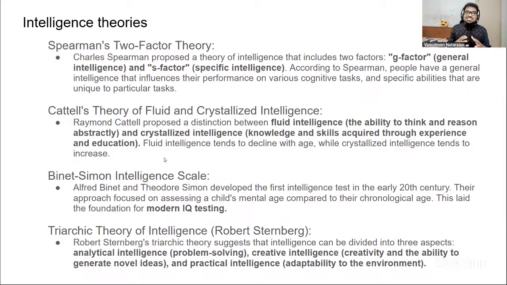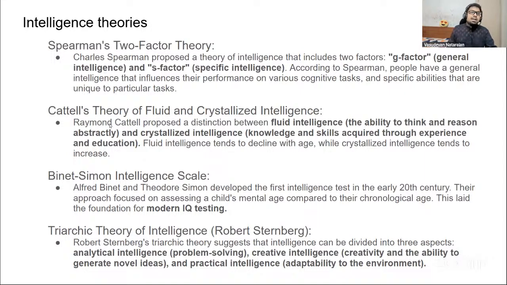That's crystallized intelligence. You have already deduced a lot of things. If you do things like this, the outcome is going to be like that only. So how did you know that? It's because of experience. That comes under crystallized intelligence. Fluid intelligence tends to decline with age: the ability to learn, to mug up, to remember. All these things are fluid intelligence.